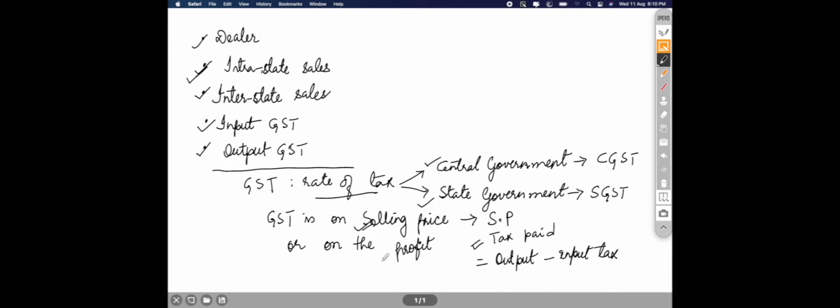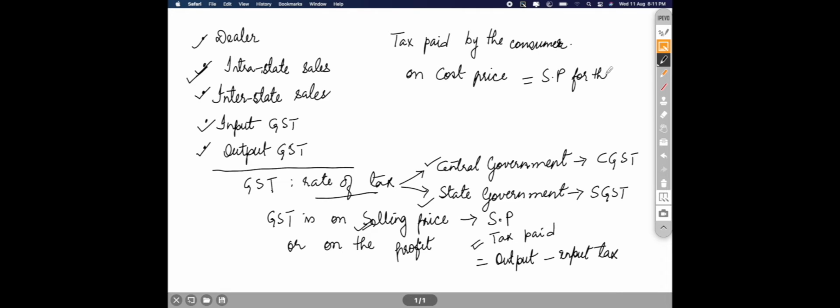Now if we are supposed to find the tax paid by the consumer, then remember we will calculate it on the cost price for the consumer, which will be the selling price for the dealer. So this we have to keep in mind.